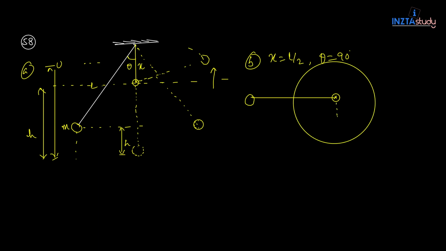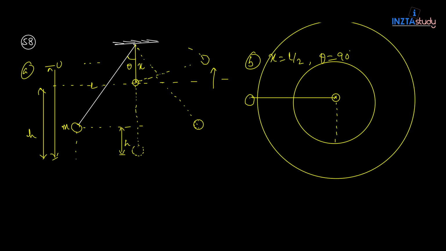So this is the distance of L by 2, and this is the distance of L. Let this be our mass, which is going to revolve in this bigger circle. It started from here with speed 0 because it was released from here, and there was a peg at a distance of L by 2.